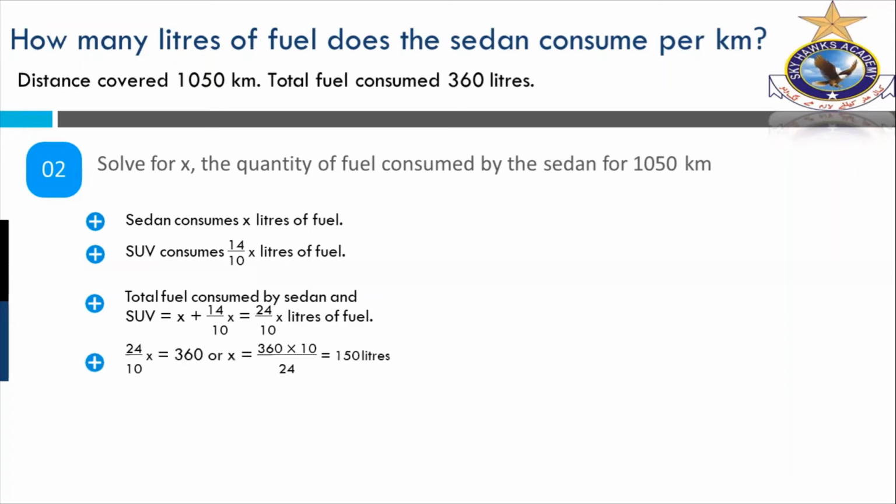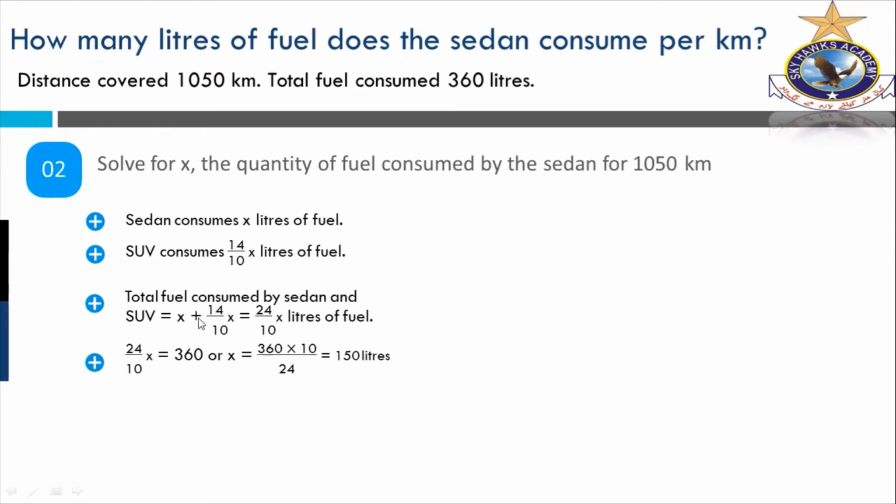The next step: 24 over 10 x is equal to 360, or x equals 360 times 10 over 24, which equals 150 liters. So this was all about when both are consuming this much.